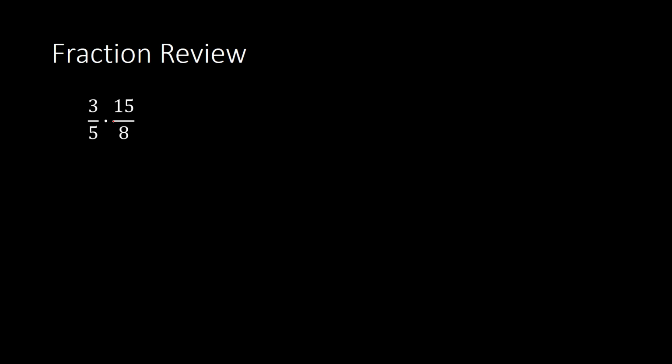Now if you have something like this, 3/5 times 15 over 8, I could multiply the numerators to get 45, multiply the denominators to get 40, and then reduce after that. But it's quicker if you can reduce before you multiply. So we see the multiply sign, which means we can kind of extend this, and anything in the top we can cancel with anything in the bottom.